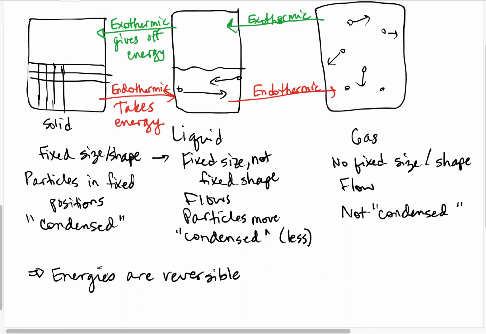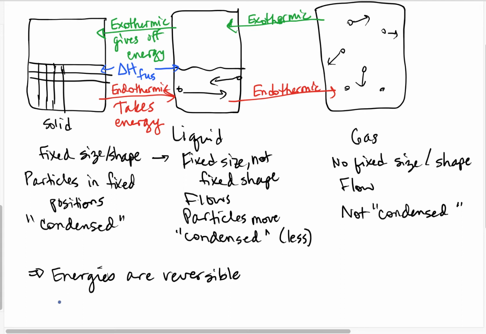So this energy that is involved with going between the solid and liquid is called the enthalpy of fusion. Okay, and we're going to use that same name whether we are melting the solid or whether we are allowing the liquid to freeze.